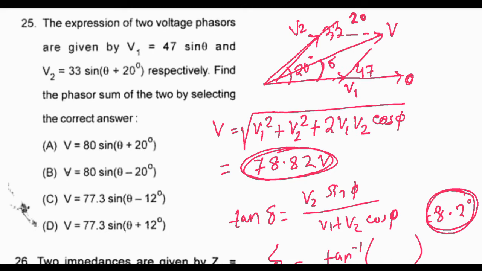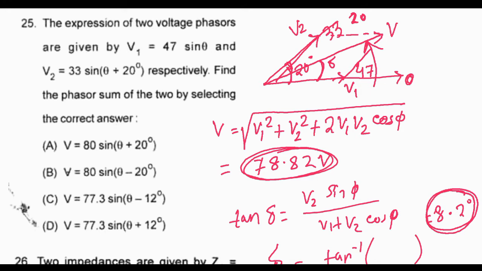That means V will be in between 0 to 20, and it will be positive, because this angle is positive. So here the V angle will be positive and in between 0 to 20.